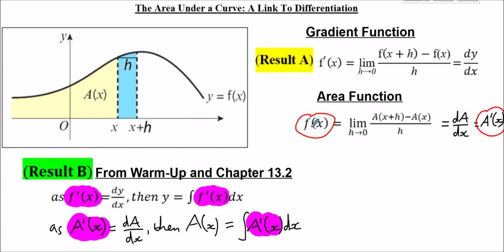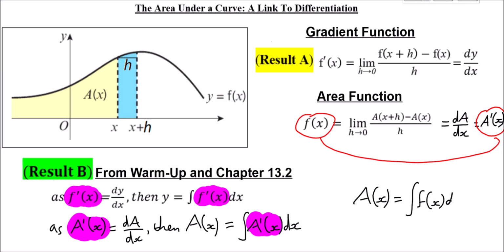So just using this here, knowing that one is equal to the other, we could even say that the area function at x is the integral of this, but because A dashed x is the same as f of x, we can now say that the area function at x must be the integral of f of x dx. And that is a crucial result.